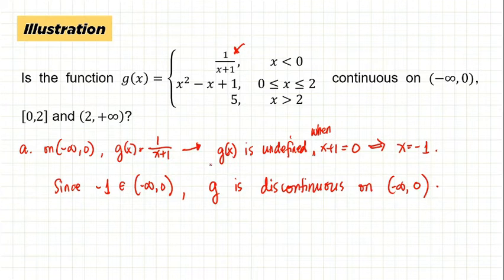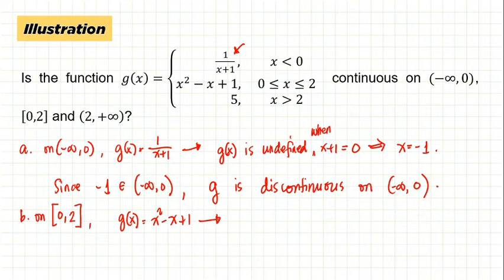Okay? Now let's have letter B. We have from 0 to 2 inclusive. So on this interval, our function will be x squared minus x plus 1. And in this case, this is a polynomial function.